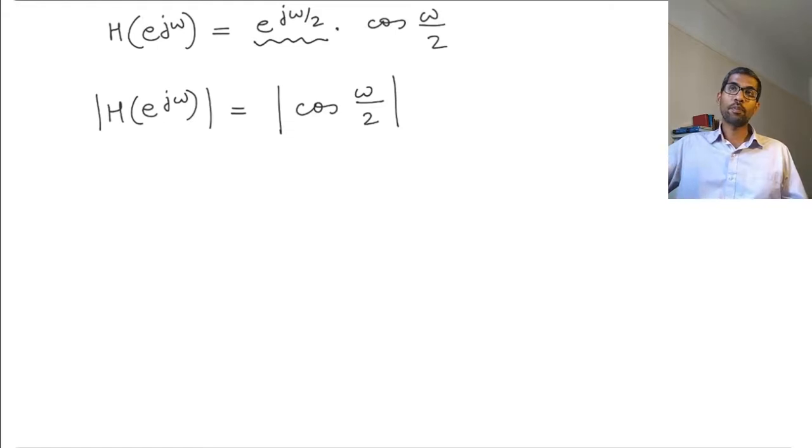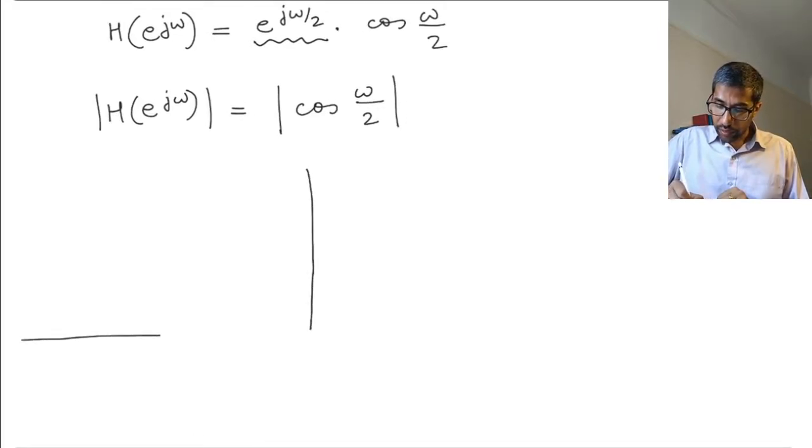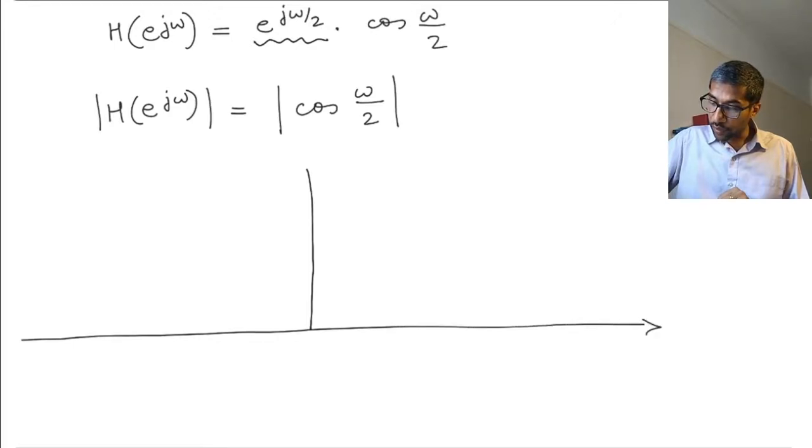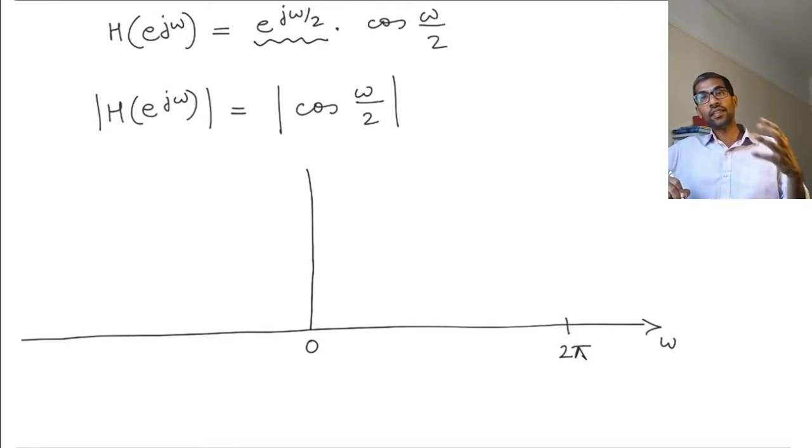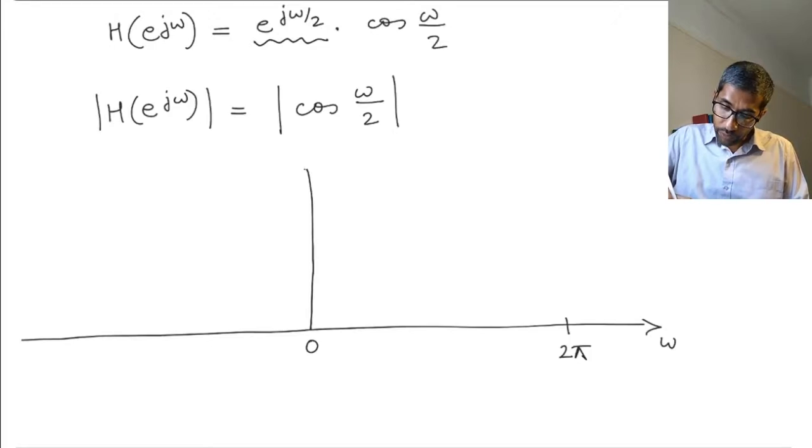Let's now plot this, and hopefully that gives you an idea of what the frequency response looks like. So that's omega, and let's plot it from 0 to 2π. Remember, in the digital domain, the only unique part of the frequency response is from 0 to 2π. If we plot that, we have the rest of the frequency spectrum automatically. So this is mod H.